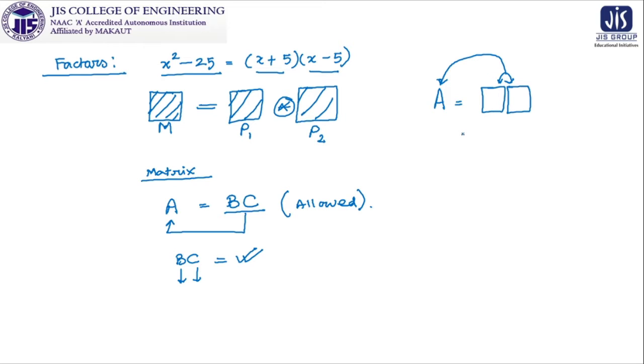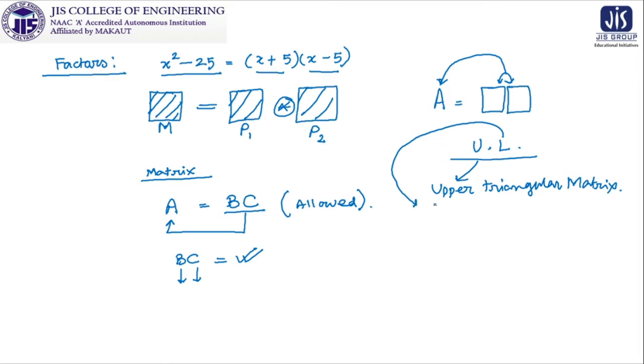We are not going to factor this matrix into just any two matrices. We are going to try to factor this matrix into two specific matrices, or two matrices with some special characteristics. One is called the upper triangular matrix and another is called the lower triangular matrix. In general, we denote them by U and L. By U we mean the upper triangular matrix, and by L we mean the lower triangular matrix.